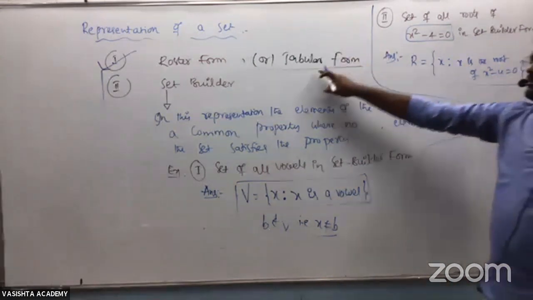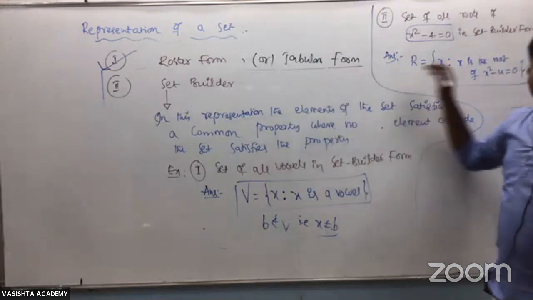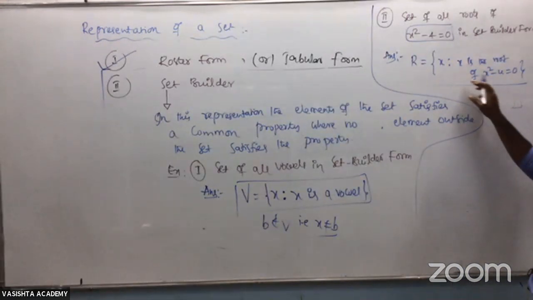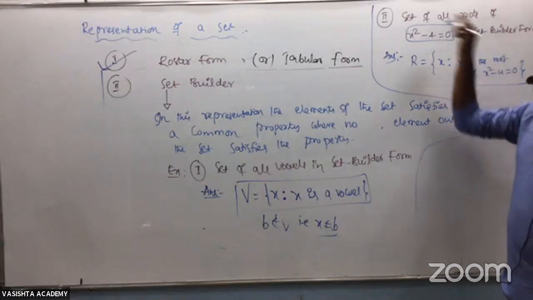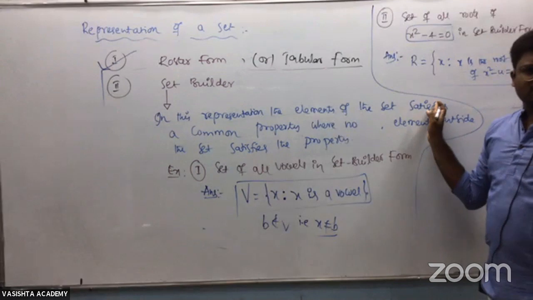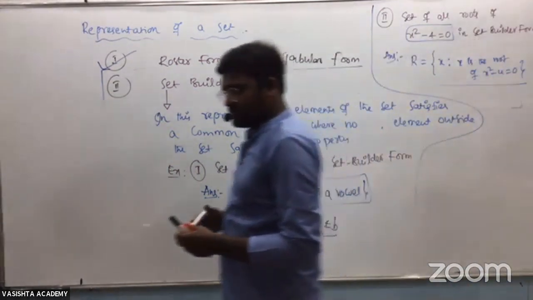Understood? So in tabular form, we list out all the elements. But in set builder form, we don't list out the elements. We write down this statement by which every element of that set satisfies the property. You understood this? Please make a note of this. We are going to look at more examples.